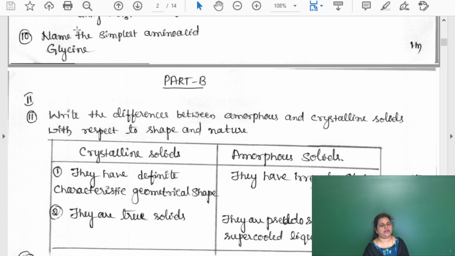RCHNH2COOH is the general formula of amino acids, where if R is hydrogen, you get the simplest amino acid called glycine. That is CH2NH2COOH, which is nothing but glycine. That is the simplest amino acid, and that carries 1 mark, and this completes the part A.